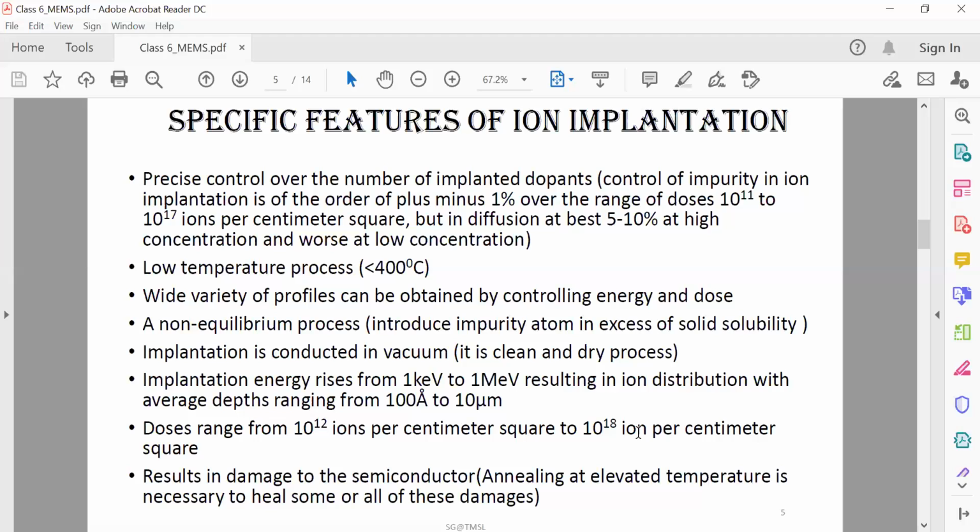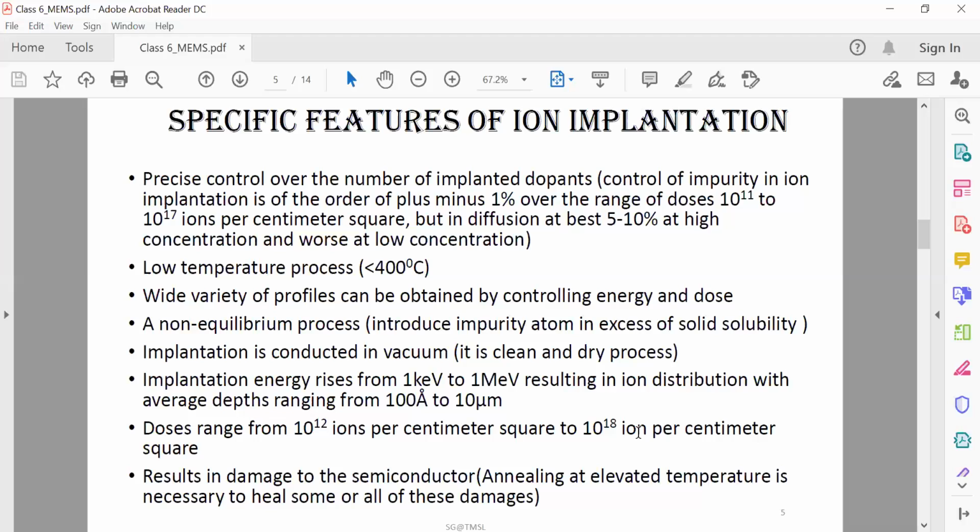That is why ion implantation is followed by annealing, because during implantation some minor damage is created, and those damages are removed by annealing techniques such as solid phase epitaxy. Last day I discussed some of these annealing techniques. Epitaxial growth is there, so the damage can be removed by this process.